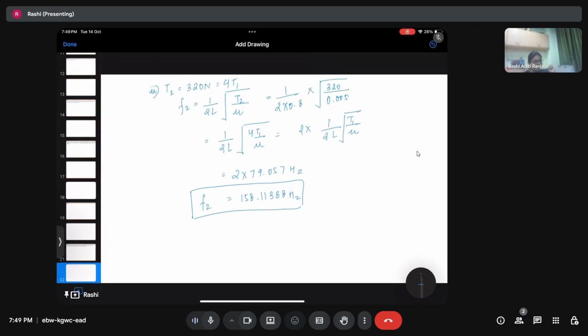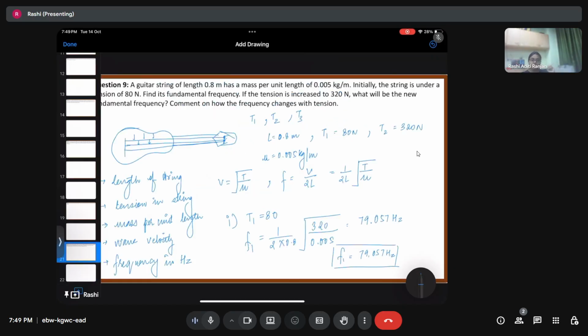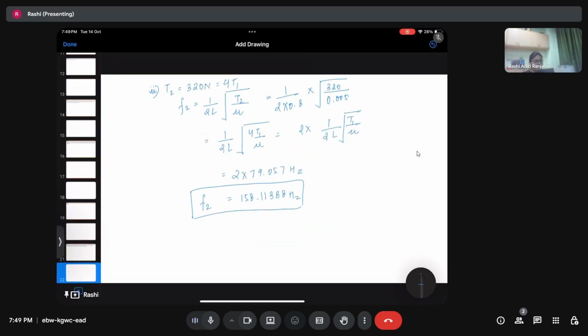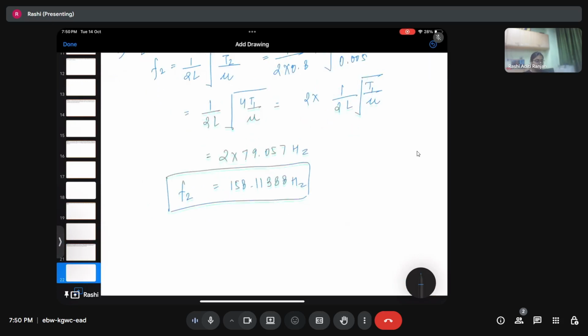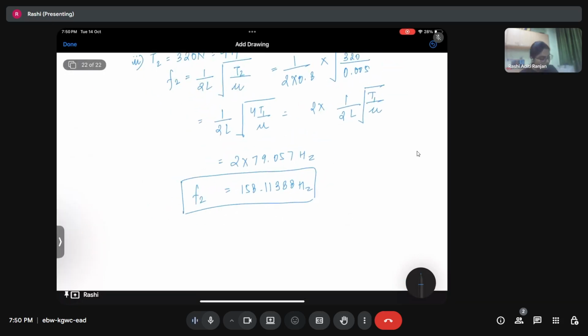The last part of the question says that comment on how frequency changes with tension. So as it is evident over here, the frequency is directly proportional to under root of tension. So if my tension increases, the frequency increases, but with the under root.